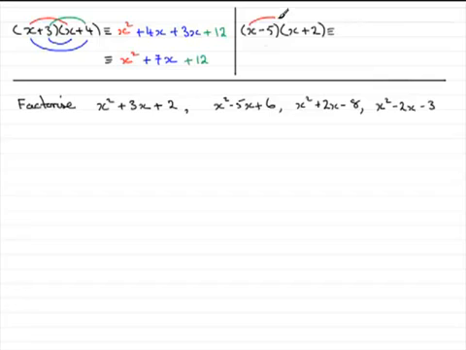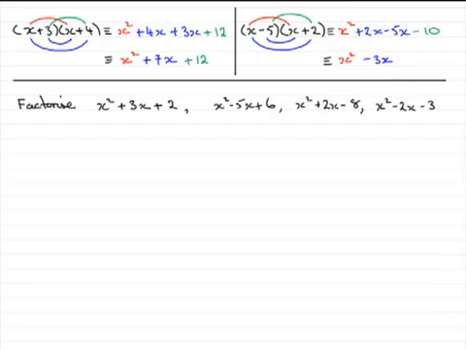Again, we would do x times x, which is x squared, and then we would do the x times the plus 2, and that would give plus 2x, and the minus 5 times the x would be minus 5x, and finally the minus 5 times the plus 2, which is minus 10. And if we simplify this, it's going to be identical to x squared, and 2x minus 5x is minus 3x, and you've got the constant on the end, minus 10.